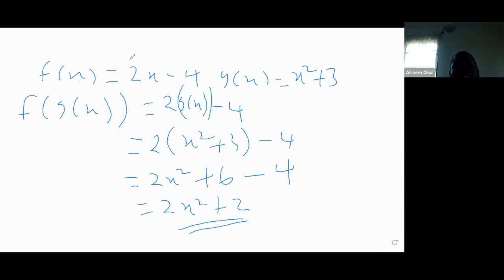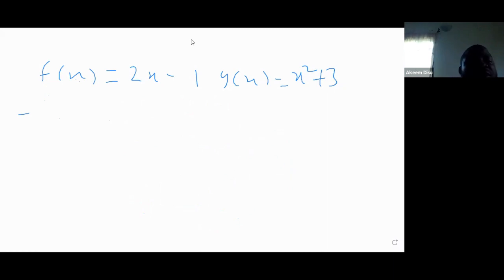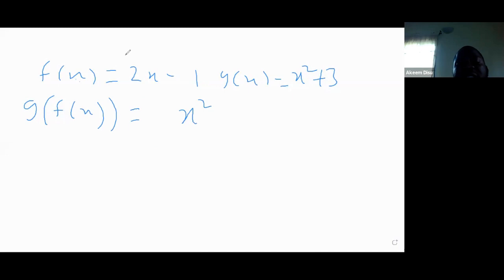Okay. Let's consider the second example that we have, the B part of it, which is g of f of x. And for g, we have g of x as x squared plus 3.